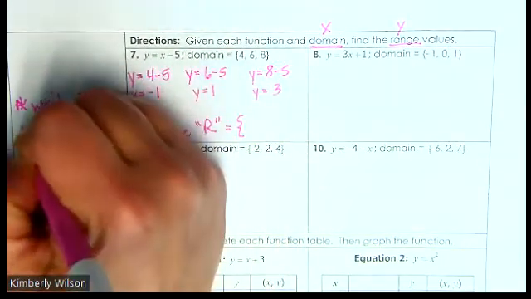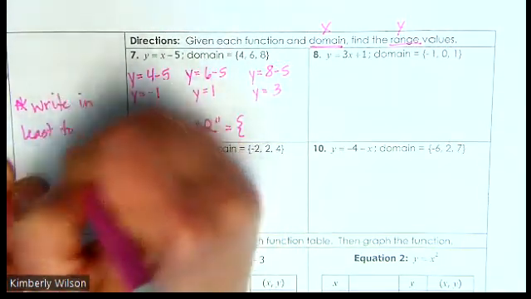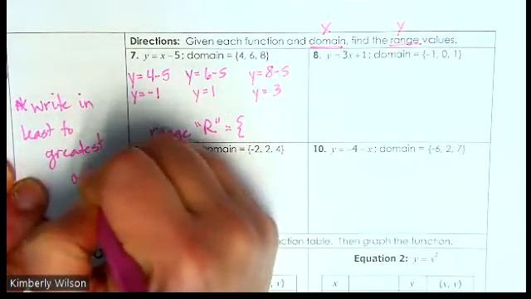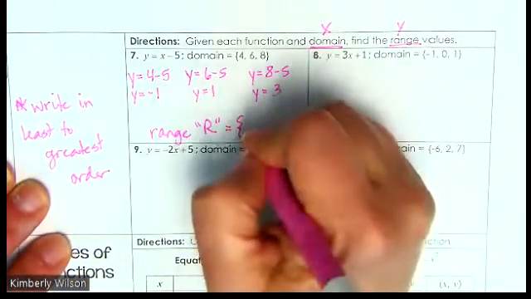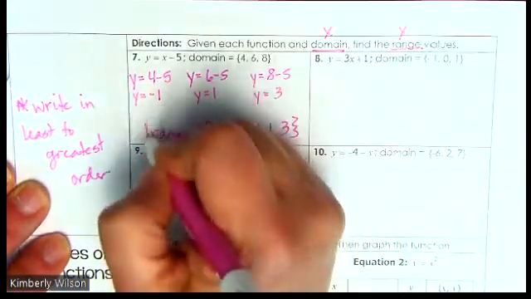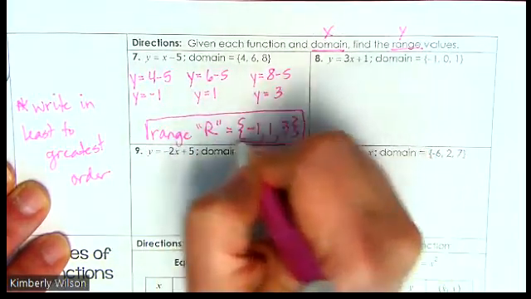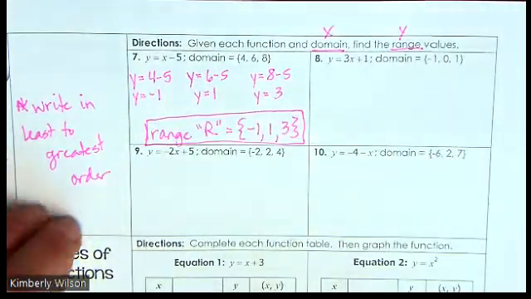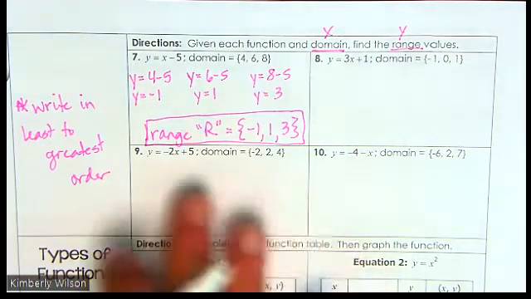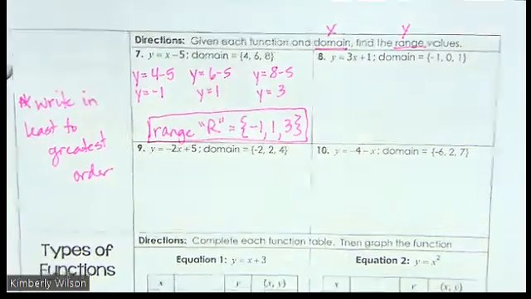So we have -1, comma 1, comma 3, which happens to be the order right now. Okay, so let's look at that. Should be good because you're just plugging in and working, which is what we've done.